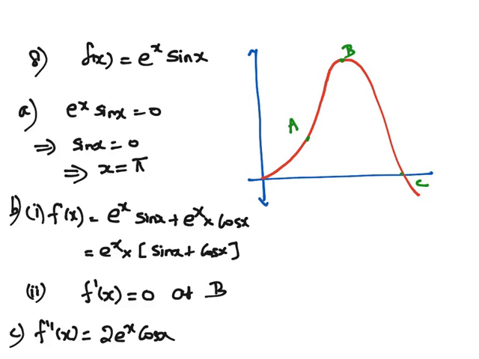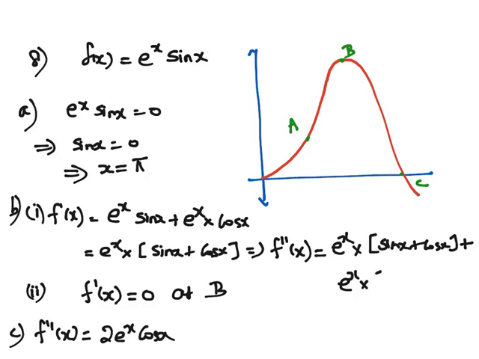So f double dash of x is, I'll differentiate the first one, which is e power x, and keep the second function as it is, so sin x plus cos x, plus, now I'll keep the first function and differentiate the second one. Derivative of sin x is cos x, and derivative of cos x is minus sin x. So this is f double dash of x.